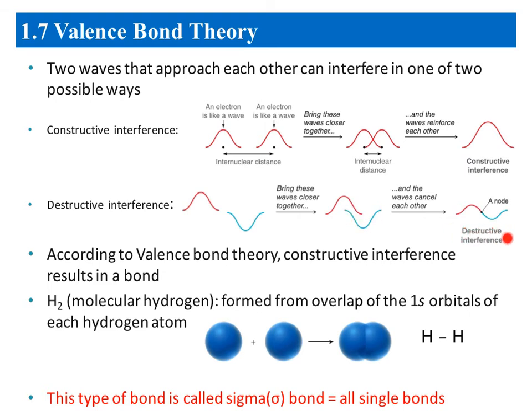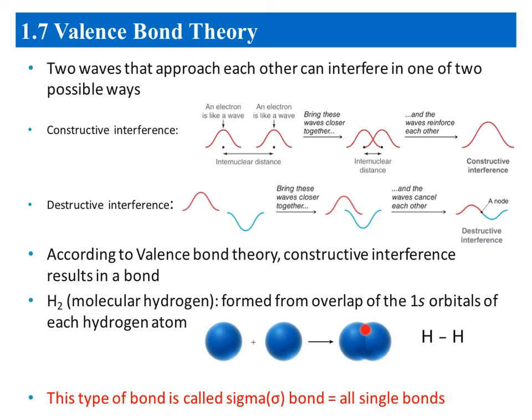If 2 orbitals constructively overlap with each other, they share their electrons with each other and a covalent bond can form. If you look at the hydrogen molecule here, there is a line between these 2 hydrogens, and this bond is formed as a result of constructive overlap between the 1s orbital of one hydrogen and the 1s orbital of another hydrogen to make the covalent bond.